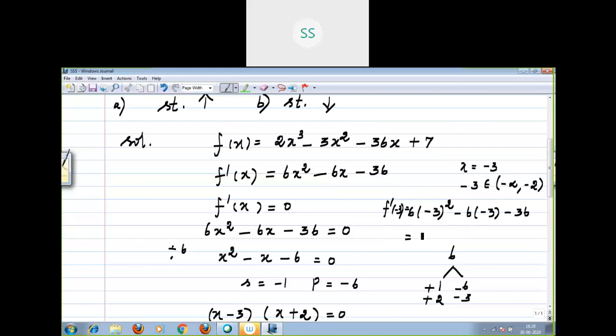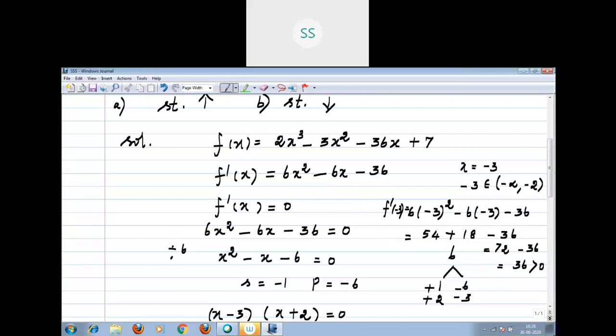What can you get here? 6 nines are 54 plus 6 threes are 18 minus 36. 54 plus 18 is 72 minus 36. You will get 36, that is greater than 0. For minus infinity to minus 2, whatever value you assign, you will arrive only at the positive.